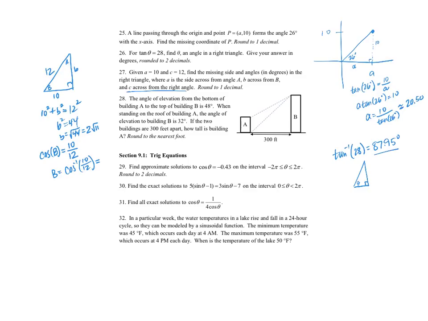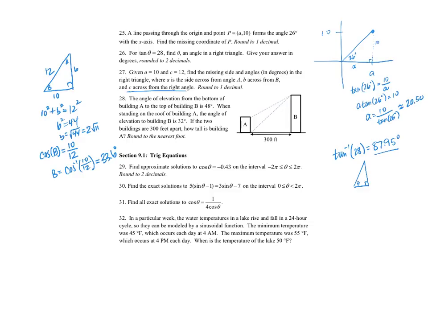It says it wants the angles in degrees, so we'll do cosine inverse of 10 divided by 12. That gives me 33.55 degrees, 33.56 degrees. Oh, round to 1 decimal, 33.6 degrees.